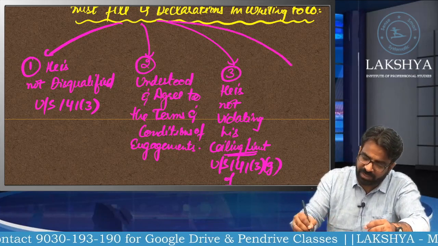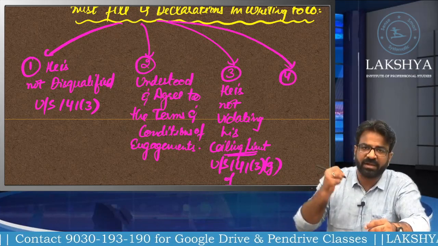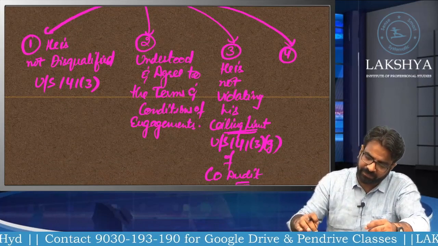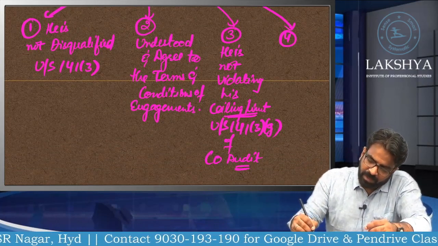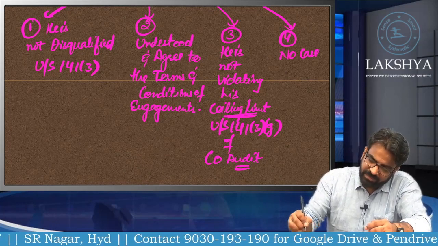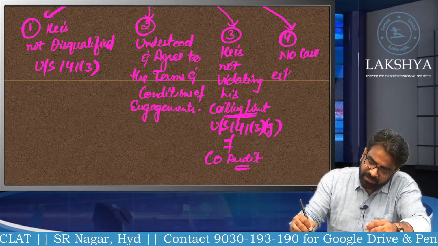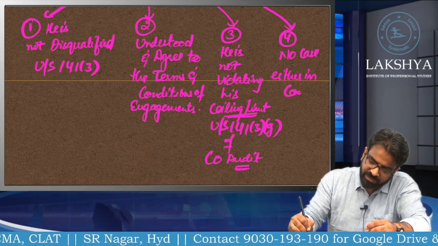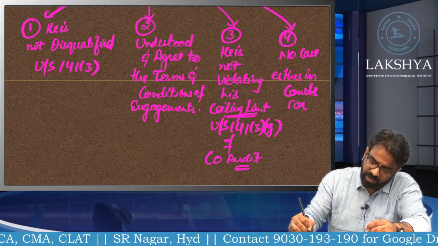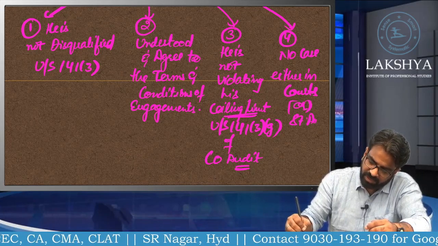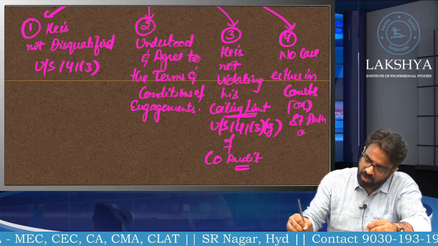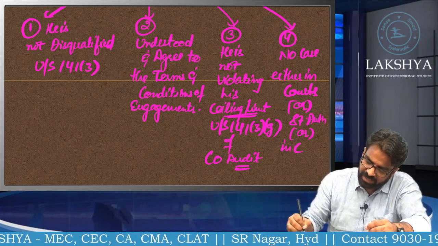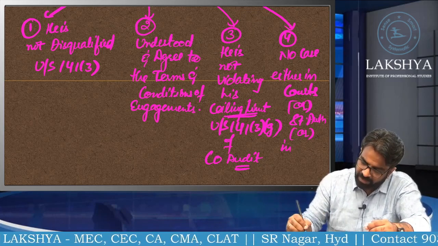Sir, what is the fourth declaration? The fourth declaration, what he is saying, is that no case is pending, either in courts, or in any statutory authority, or in ICAI, our temple ICAI.